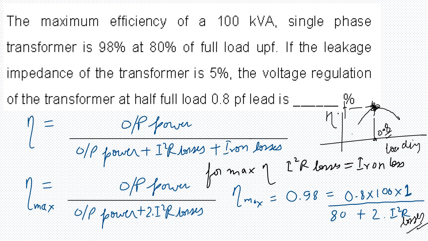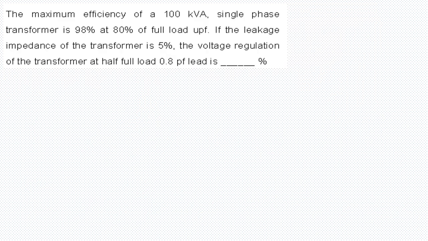Now from here if you calculate your I square R losses at 0.8 loading, it comes out to be 0.8163 kilowatt. So this is what you get at 0.8 loading.